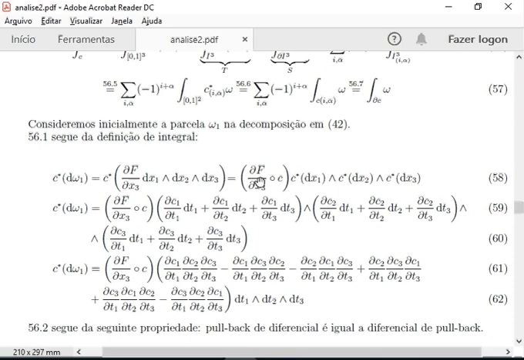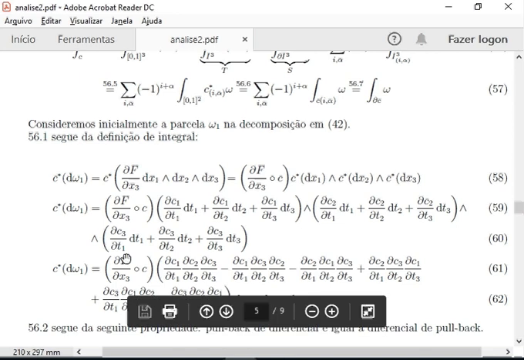It is equal to the same composition dc1/dt1, dt1, dc1/dt2, dt2, dc1/dt3, dt3. This is the Jacobian. Now the Jacobian of x2 and the Jacobian of x3.